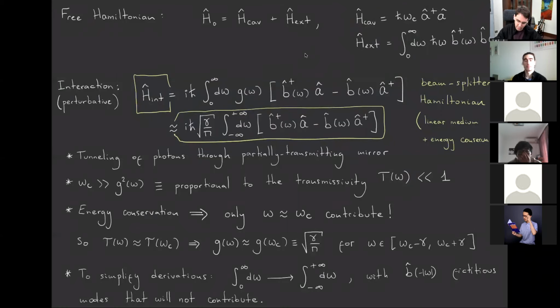So out of all the frequencies outside the cavity that are infinite and form a continuum, essentially only the frequencies around the cavity frequency are the ones that we expect will contribute. Any other frequency will be canceled.